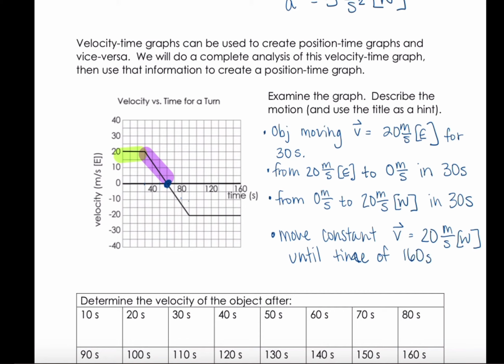Okay, so that's describing the different motion there. Okay, so let me highlight. So this was that first one. This is that one. Didn't highlight this. It was pink. And blue. Okay, so that describes each part of that graph.